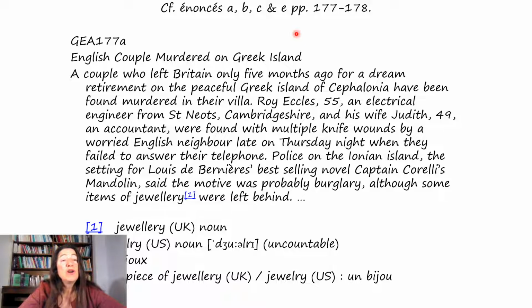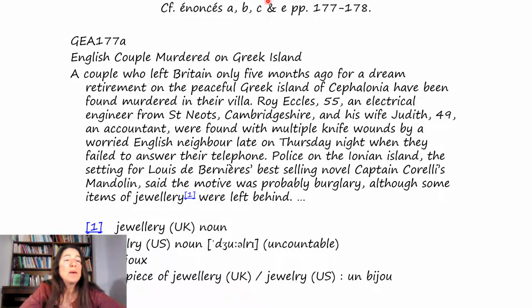English couple murdered on Greek island. So let's read it quickly. And if you've been working on the Grammaire expliquée de l'anglais, you've already read it. And you can start thinking of why do we have the verb forms that we have in this paragraph?